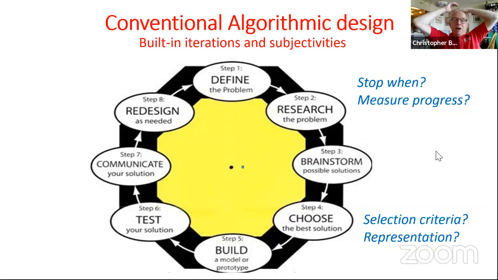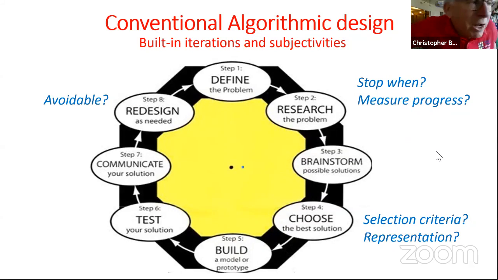So when we get here after researching and brainstorming, how do we select? How do we choose? We have no guidance for doing this. And that's what the axioms could help us with. And then redesign. Must we redesign? Why can't we get it right the first time?